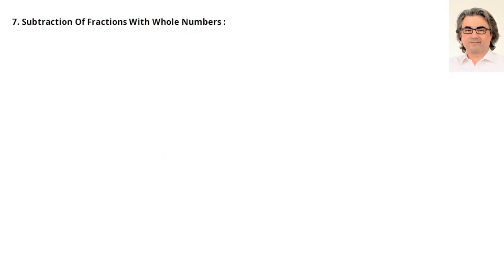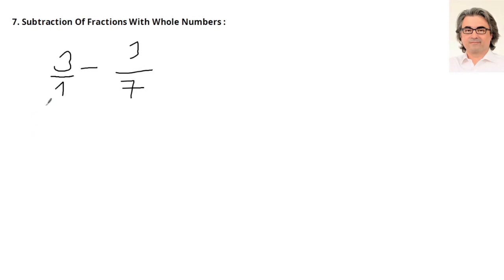Now, subtraction of fractions with whole numbers. It means 3 minus, for example, 3 over 7. 3 minus 3 over 7. It means I have a denominator of 1 for 3. 3 over 1 is 3.